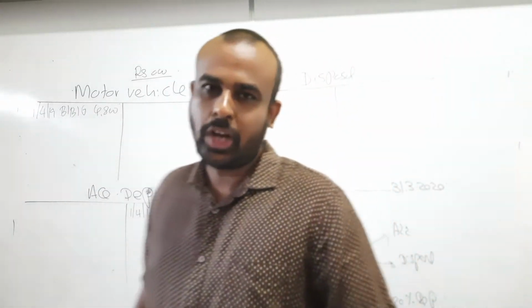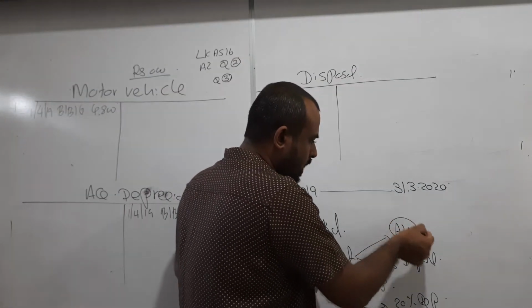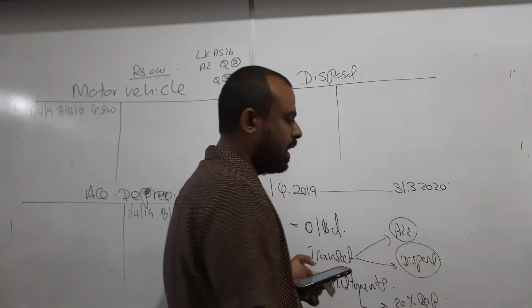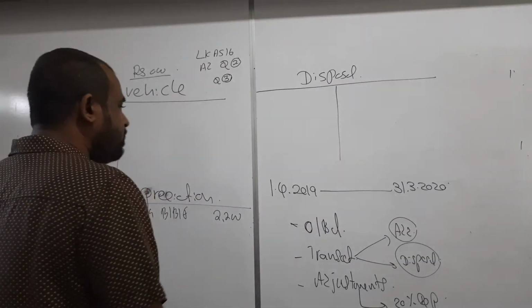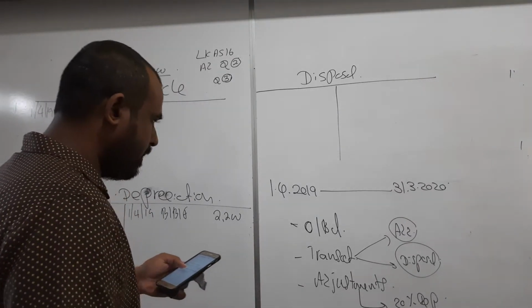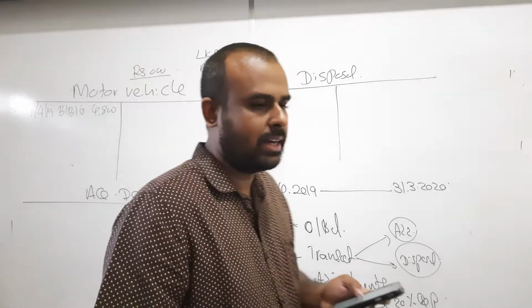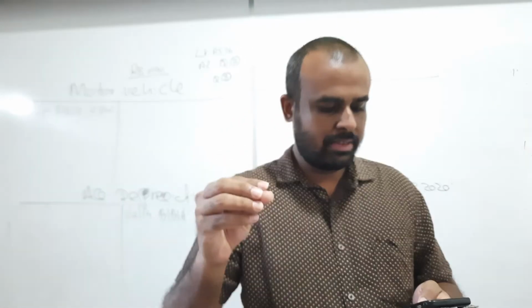The step number 2 is recording the transactions during the period. As we identified, there are 2 types of transactions in the business. One is the addition, the other one is disposal. On 1st July 2019, there was a purchase of a motor vehicle worth 3,600,000. What is the double entry?